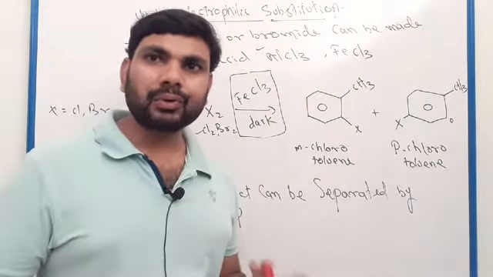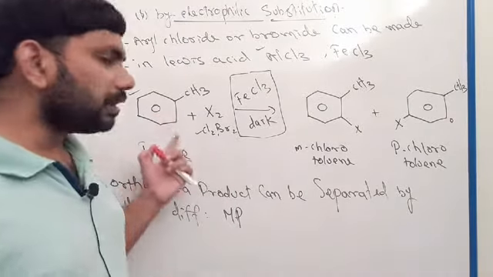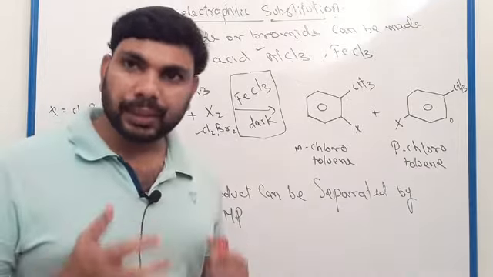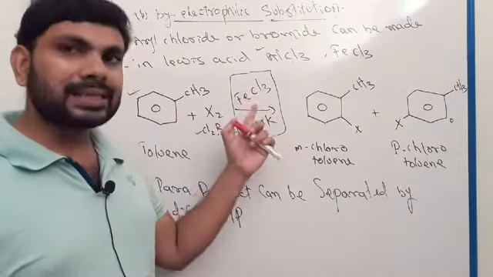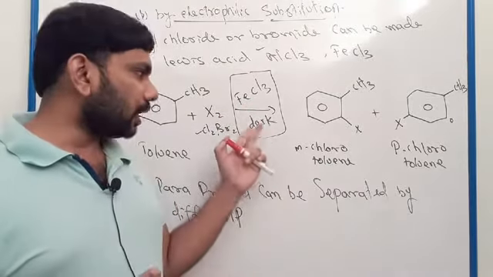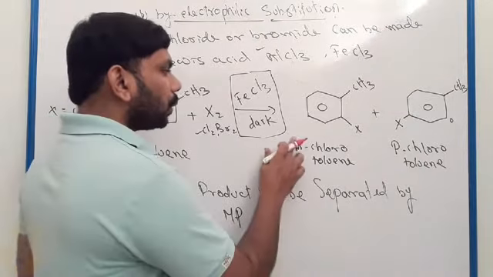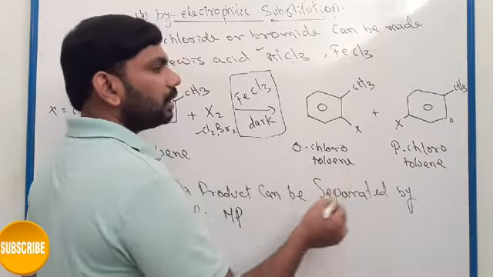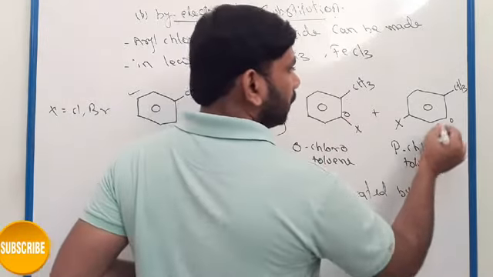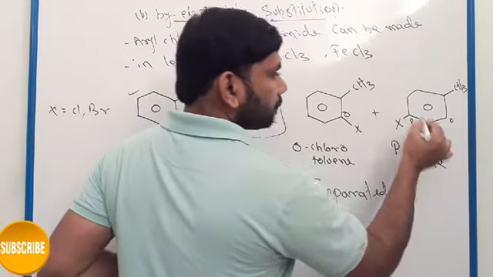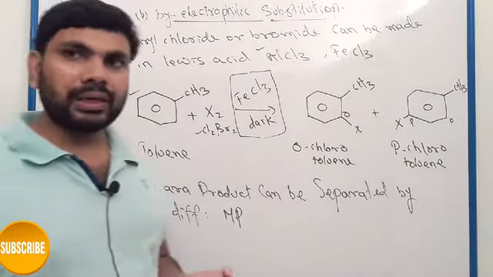Toluene reacting with Cl2 or Br2 in presence of suitable Lewis acid and dark. So here we will get orthochlorotoluene or parachlorotoluene. Here this is the ortho position, ortho, meta, para, this is the para position.